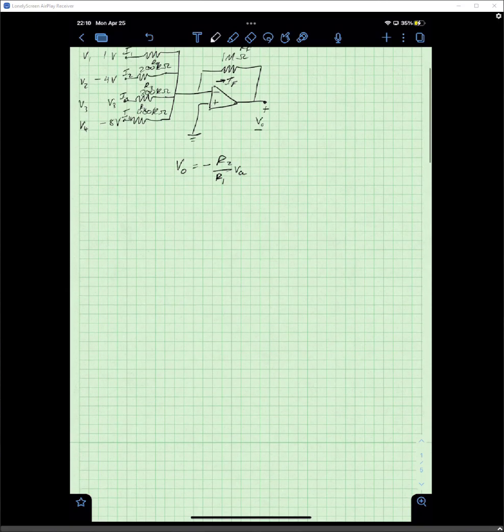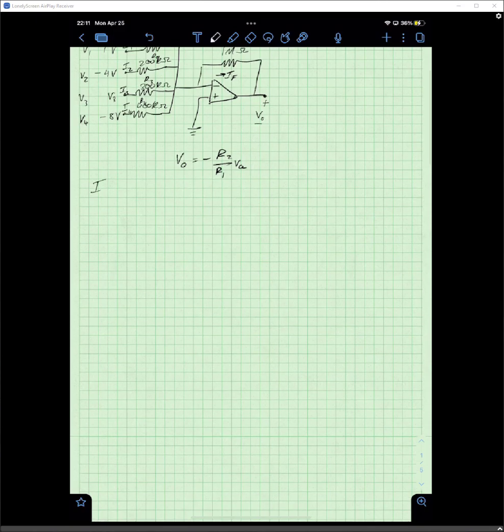And then to make an expression for V0, we can see the current through the feedback resistor R2, which in the handbook we call RF, is equal to all the currents flowing through the input resistors. No current will be flowing into the op amp because we're assuming that it's ideal.